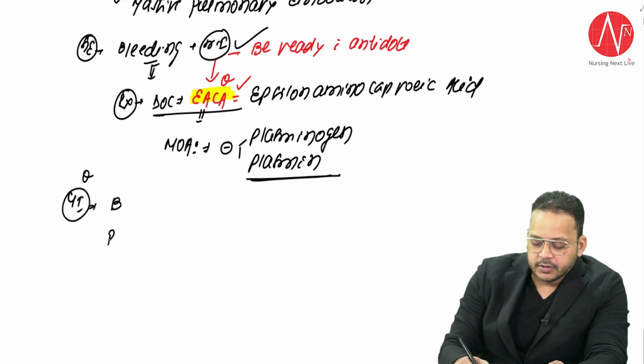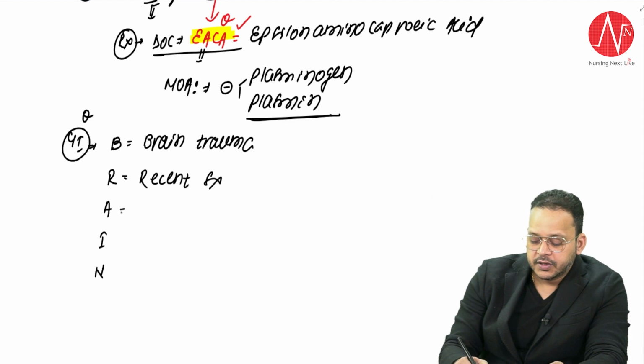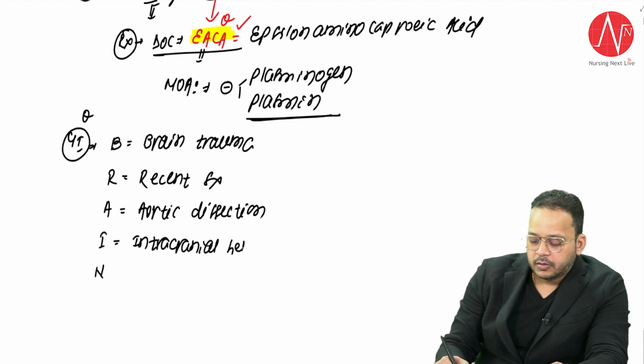And contraindication, you can remember as BRAIN. Right? These are not to be used in patients with brain trauma, patients with recent surgery, patients with aortic dissection, patients with a history of intracranial hemorrhage.